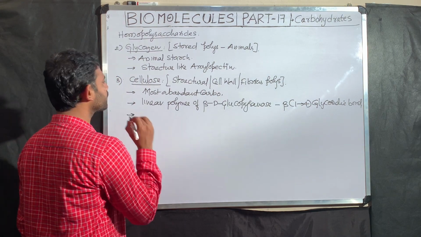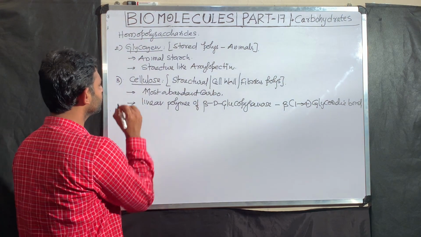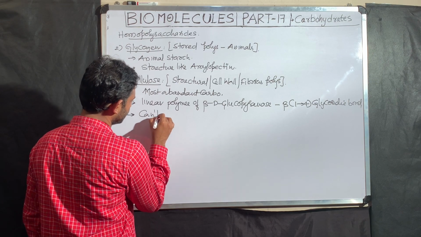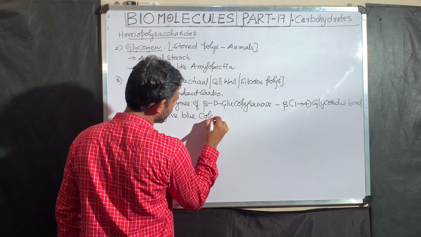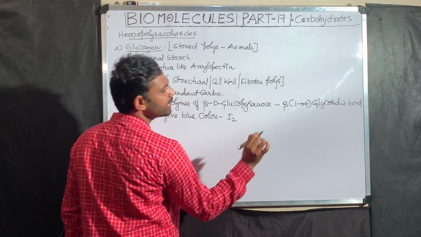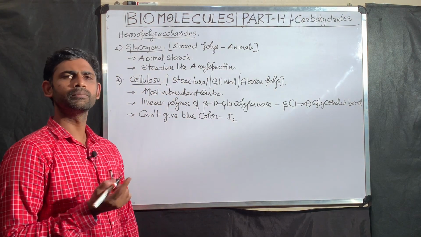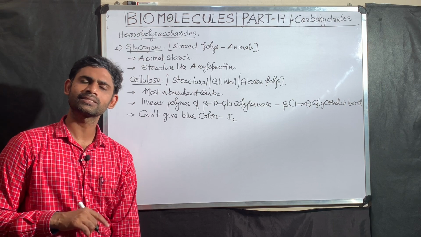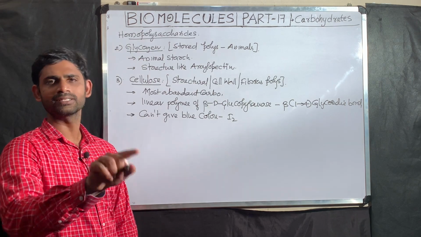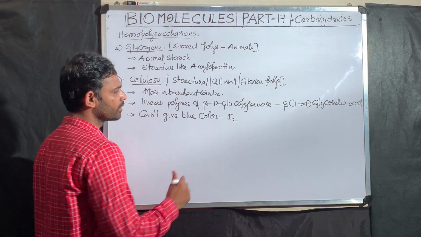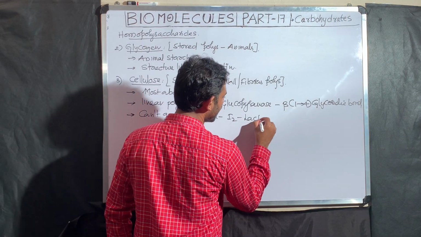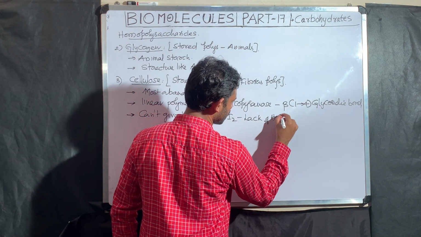The next important point about the cellulose: it cannot give blue color with iodine. Why? Starch gives a blue color with iodine because starch structure consists of a helical structure. Cellulose cannot give the blue color with iodine because of lack of helical structure.